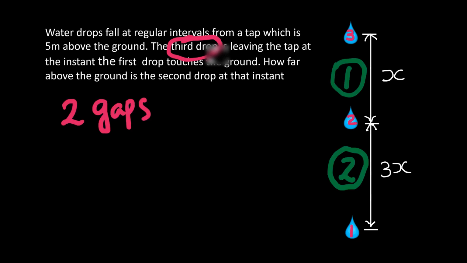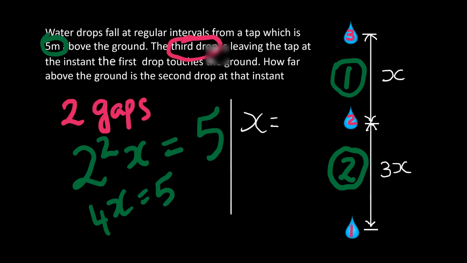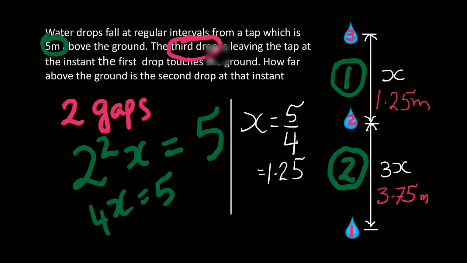So 2 square x is your height h, or 2 square x is equal to 5. So 4x is equal to 5, then x is equal to 5 by 4, which is 1.25 meters. Then 3x, the height of the second drop from the ground, is 3.75.